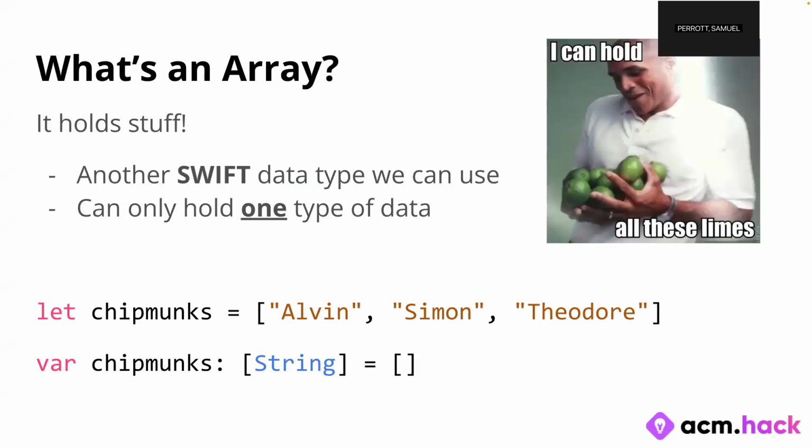Now, let's briefly talk about arrays. Arrays are one type of way to aggregate data in Swift. There are also lists and structs, which we won't talk about today, but you can look them up and we'll talk about those later. Arrays are probably the most simple because they can only store one data type throughout the entire array. You can use either let or var when you create your array to make it mutable or not mutable. Does that make sense?